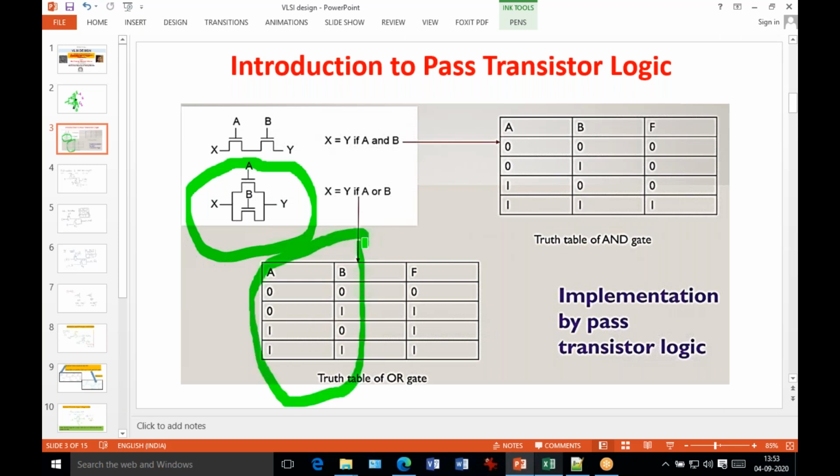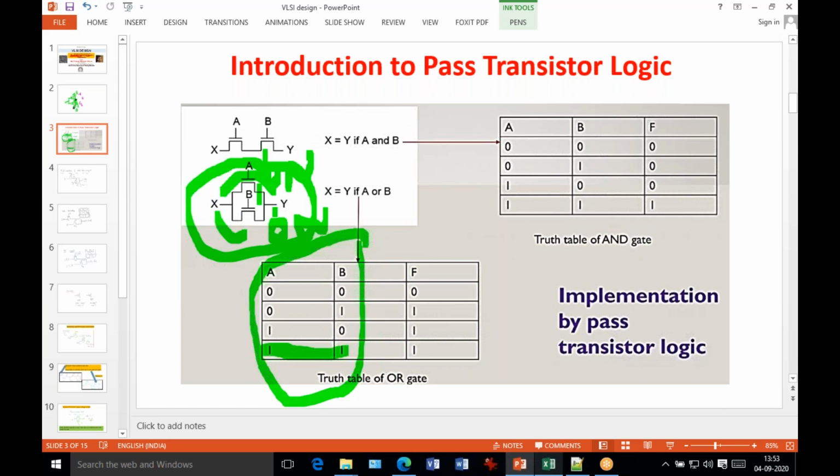Okay, so if there are two inputs, then there are four combinations. It is very clear. Now both inputs are one. A is one, B is one. So in this case, this transistor is on, and on the down side, this transistor is also on.